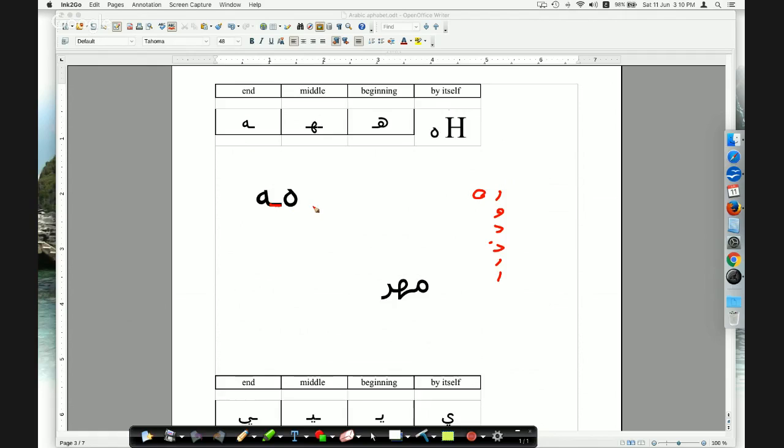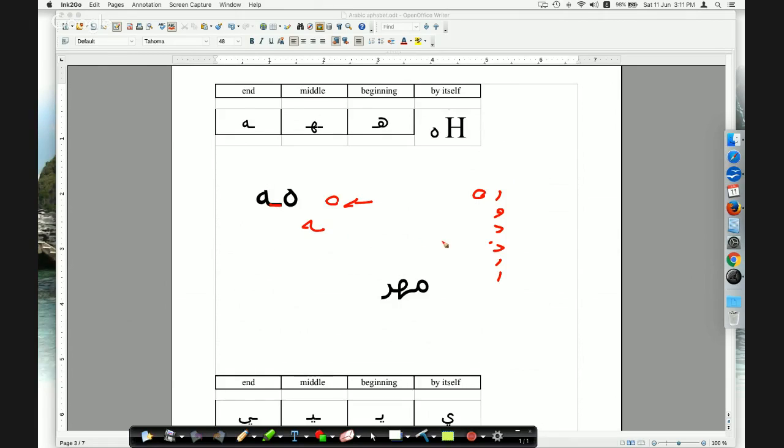I always advise you to have something to write in to take notes, Microsoft Office, whatever. Keep it open and take notes. So how will we know if it is the ball or this thing here? Very simple. If one of those letters is coming before it, it has to be the ball. As simple as that. If the letter before it can connect, which means all the rest of the alphabet, then we write it this way.